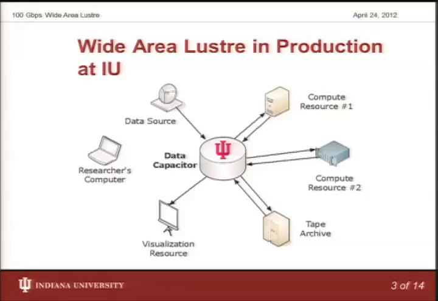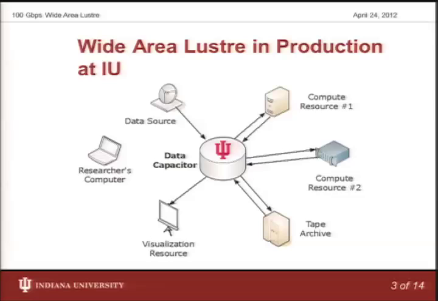So instead of having to worry about where the data is initiated, where you're going to compute against it, how you're going to visualize it, maybe using different computational resources, the data just sits in a single place, and all of your resources can then mount that wide area file system. So you really get to have the entire data lifecycle all at a single location. And this is really great for the users.